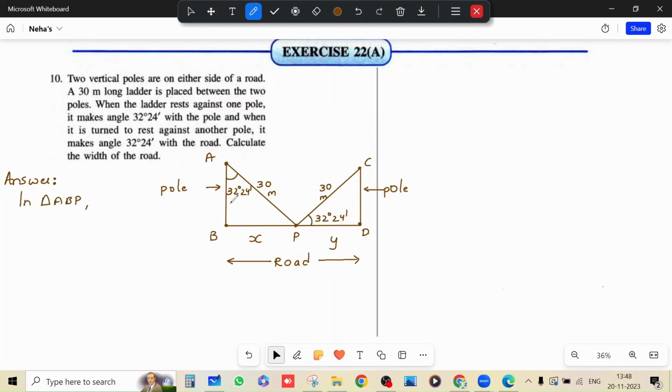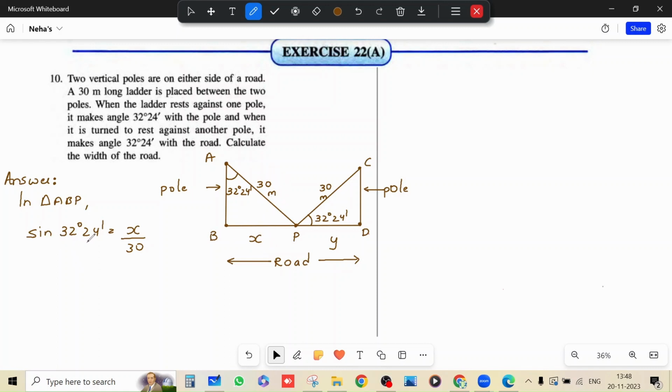So in triangle ABP, x divided by 30 is equal to sine 32 degree 24 minute. This is because sine theta is equal to perpendicular upon hypotenuse.